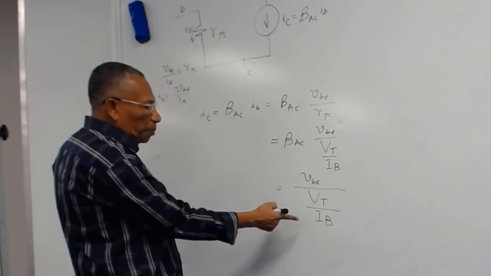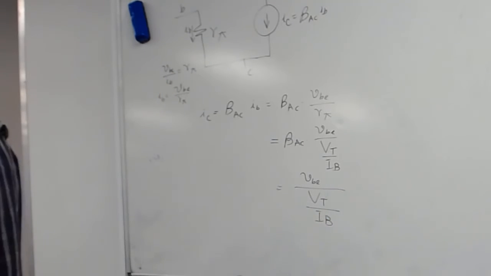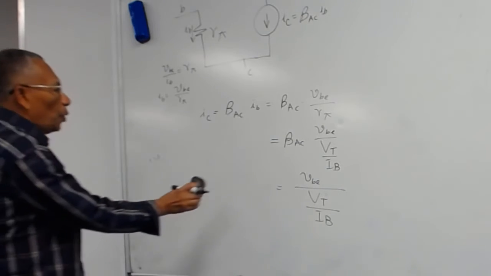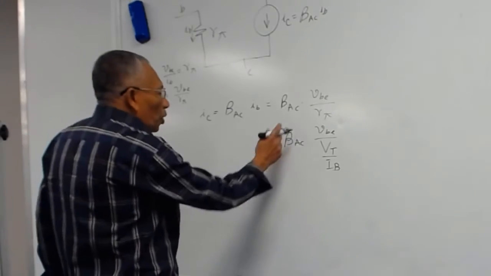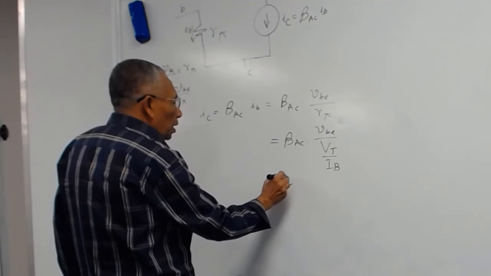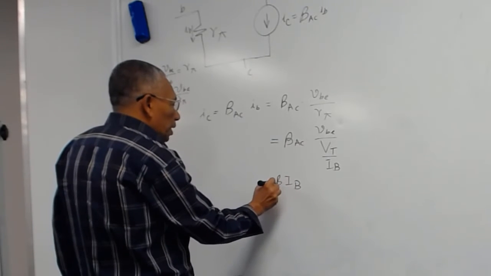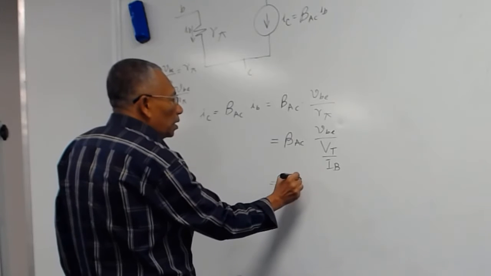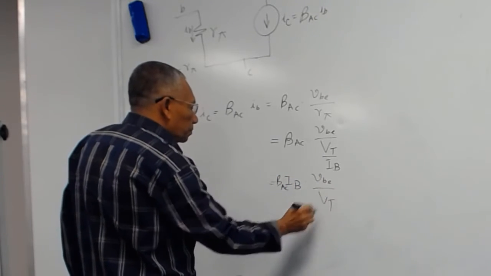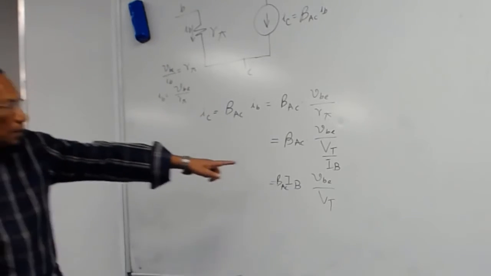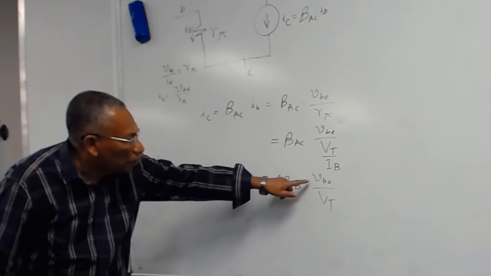To make it look easier, we will bring the IB on top here. So it will be beta AC into IB into VBE divided by VT. This IB will go here, VBE by VT.